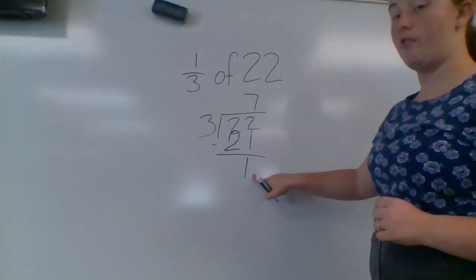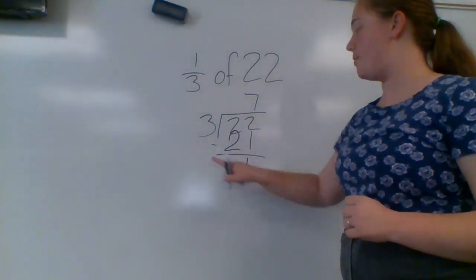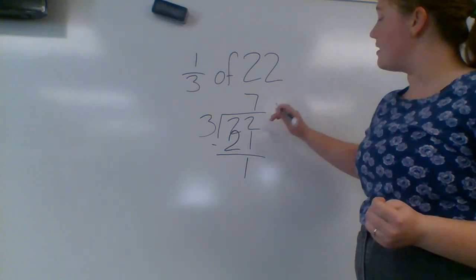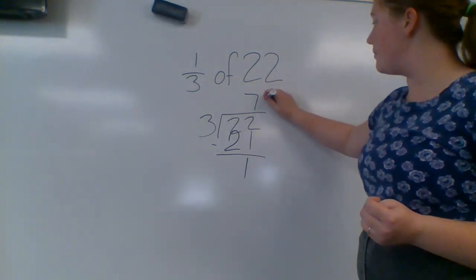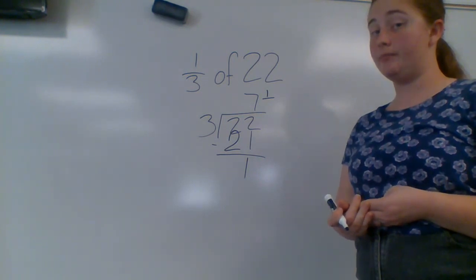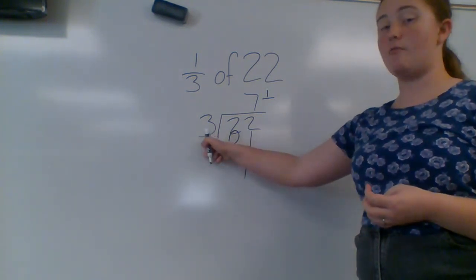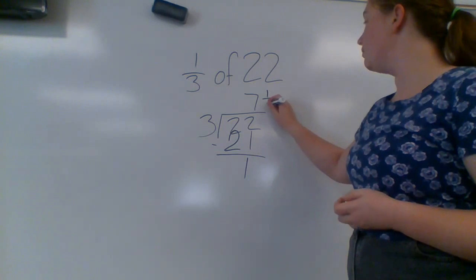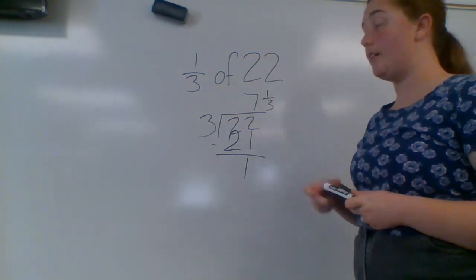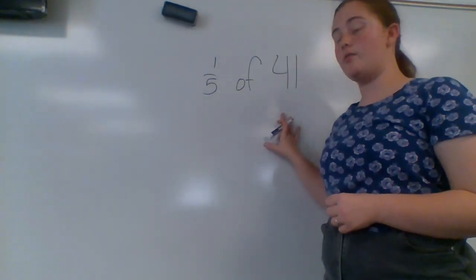Okay, take our remainder down here. Compare it with our 3. Is 1 smaller than 3? Right, it is. So we're going to take this 1. It's going to be my top number in my fraction. And what number am I going to use for my bottom number? Right, this is right here, my 3. Okay, good. Make sure you have that written down. This is your answer.